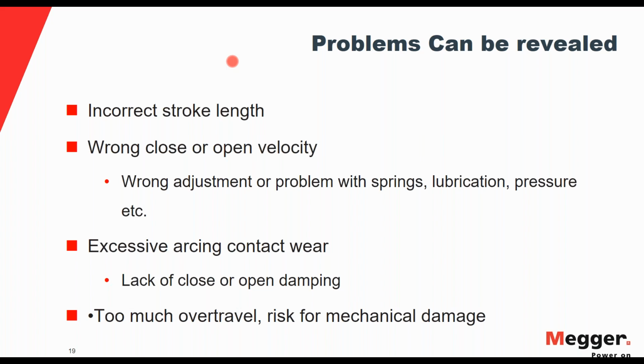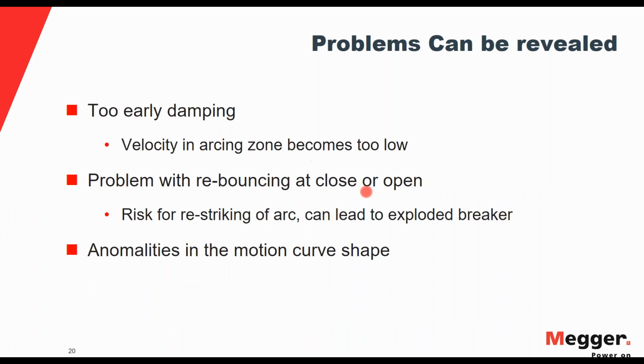You may have a problem with lubrication, with the springs, or a pressure problem with some types of mechanisms as well. Excessive arcing contact wear, this is using the DRM test. If you have any problem with that, you can view it also by combining the DRM plus the travel motion test. Other things, for example, too early damping or a lot of rebouncing at the close or opening.